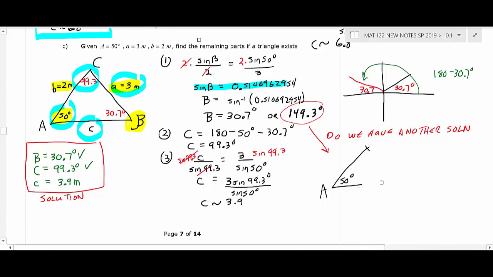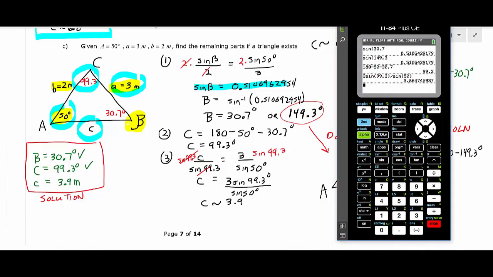What we just figured out is it's also maybe possible to have a 149.3 degree angle for B. Well, here's the thing. If we wanted to find angle C, then we would do 180 minus 50 minus 149.3 degrees. If we do that, I think you're going to get some answer that's nonsense.